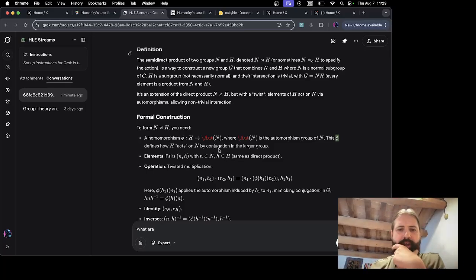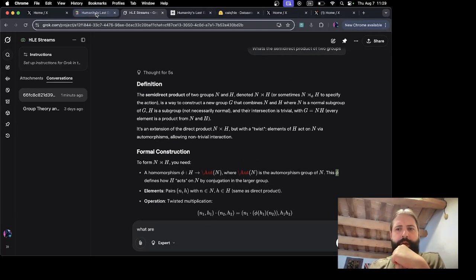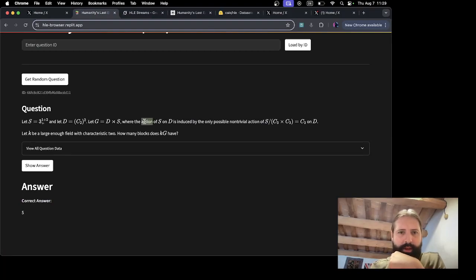Okay, so we need to understand that a bit more, because this is tied to what action means here, right? Initially I thought it was something about physics, but it's an action of S on D induced by the only possible non-trivial action. Induced.